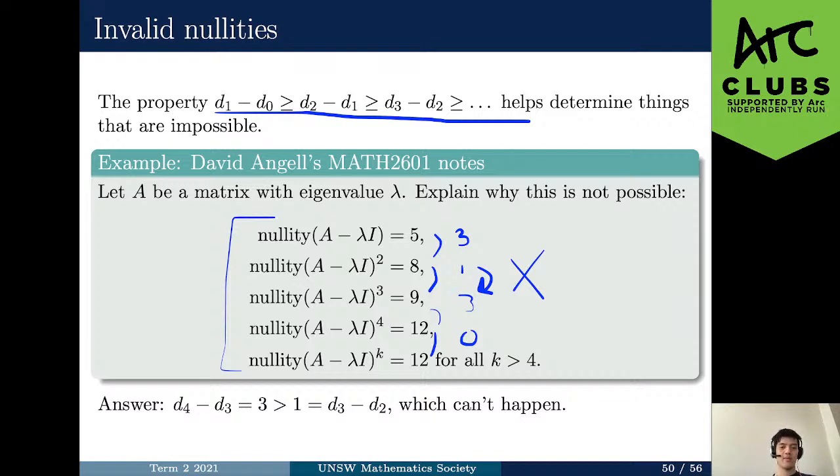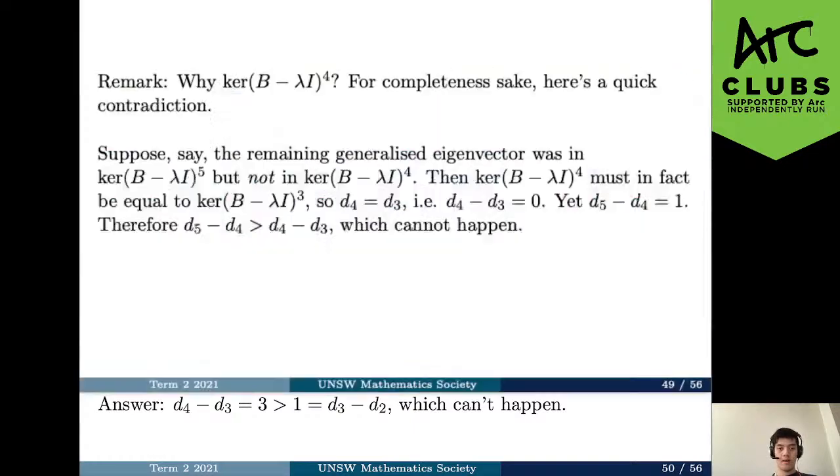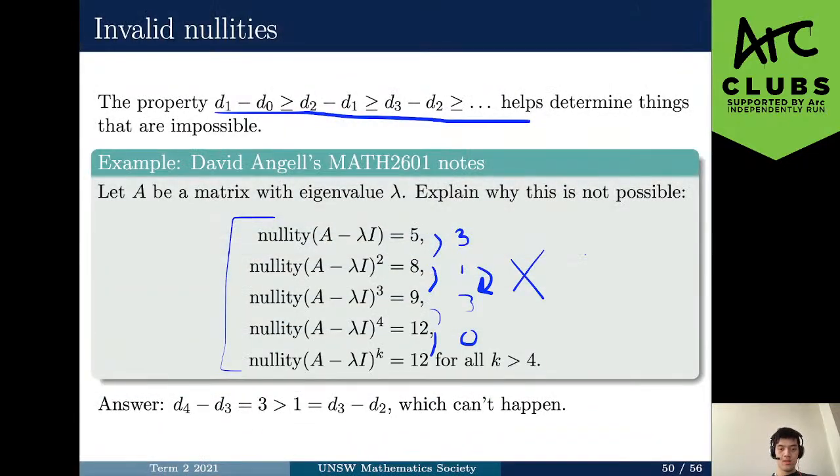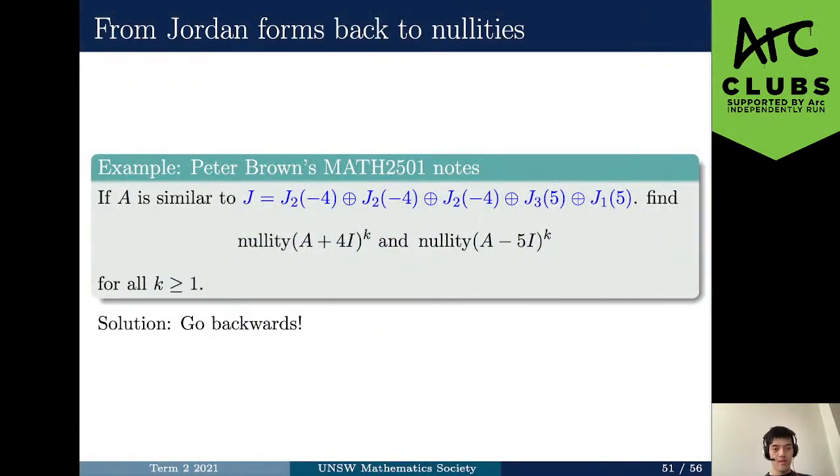Intuitively, why this has to happen is because of what we had earlier. Actually, I guess not. Right. Okay, so in this case over here, I want to find the nullity of these. I guess we can just do one of them.